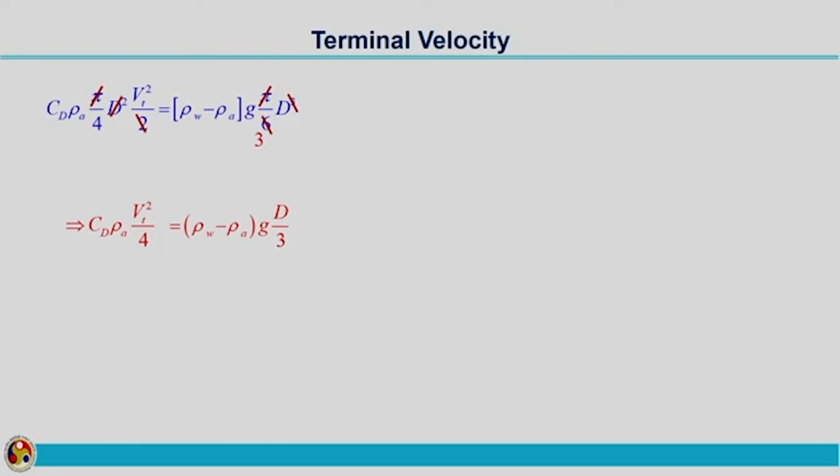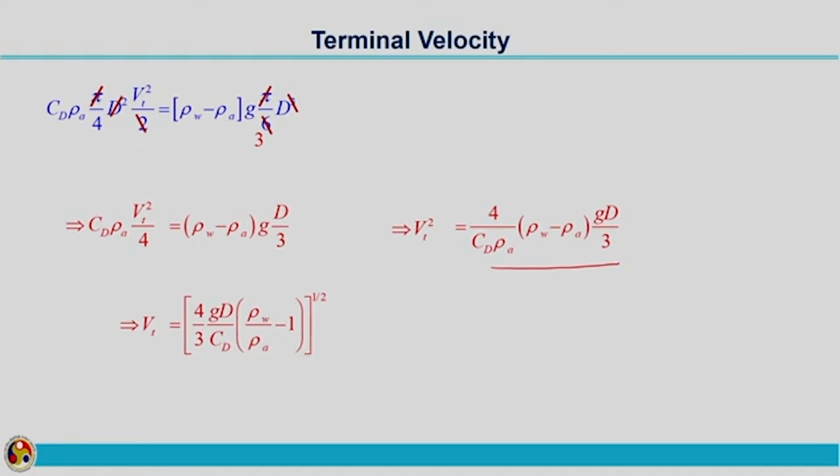Again, we need to have the expression for terminal velocity. For that we will make readjustments with the terms. So, Vt square is given by 4 by Cd rho a times (rho W minus rho a) g d by 3. So, we can write the expression for Vt as [4 by 3 g d divided by Cd times (rho W by rho a minus 1)] all to the power of half.